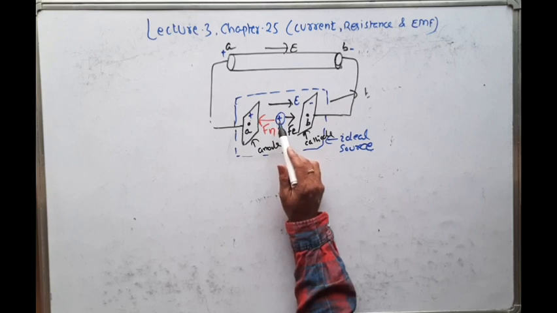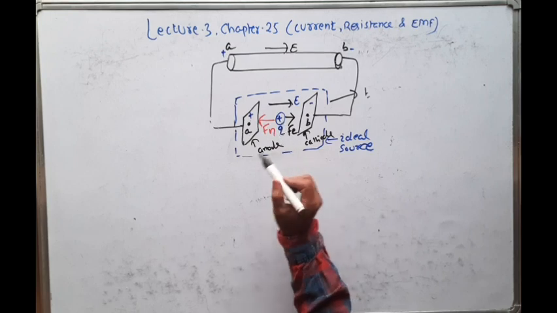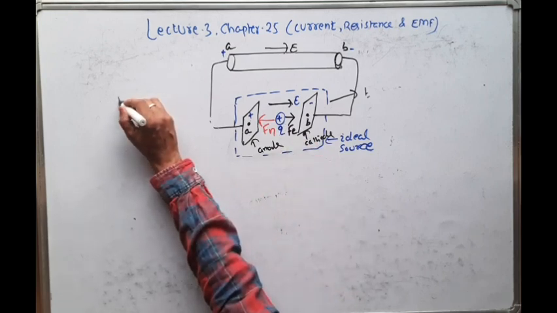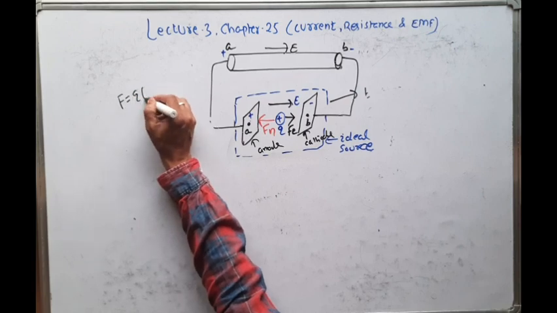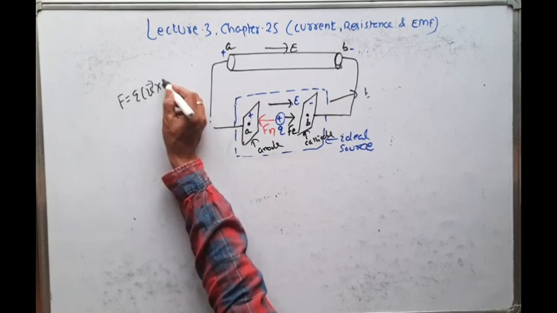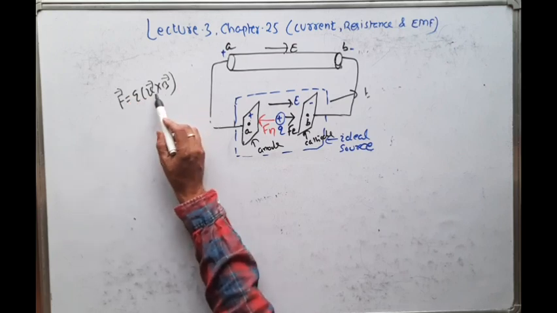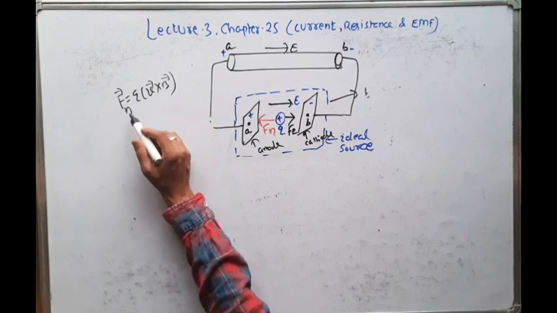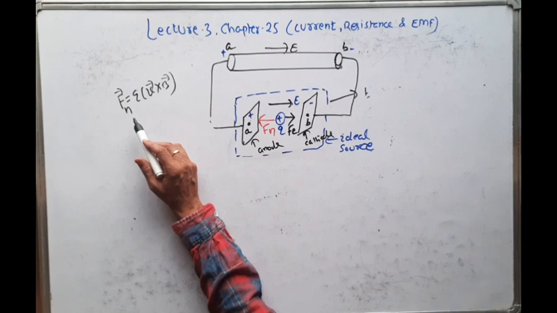In a generator there is a magnetic field, and when a charge moves, a force is experienced by the moving charge. The force experienced by a moving charge is F = Q into V cross B. So if there is a magnetic field and a moving charge, a force will be developed. In that case, this force produced by the source is called non-electrostatic force.